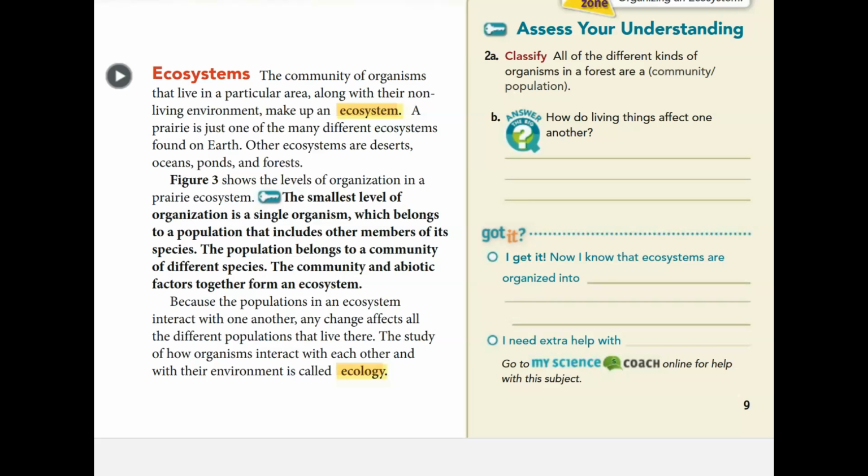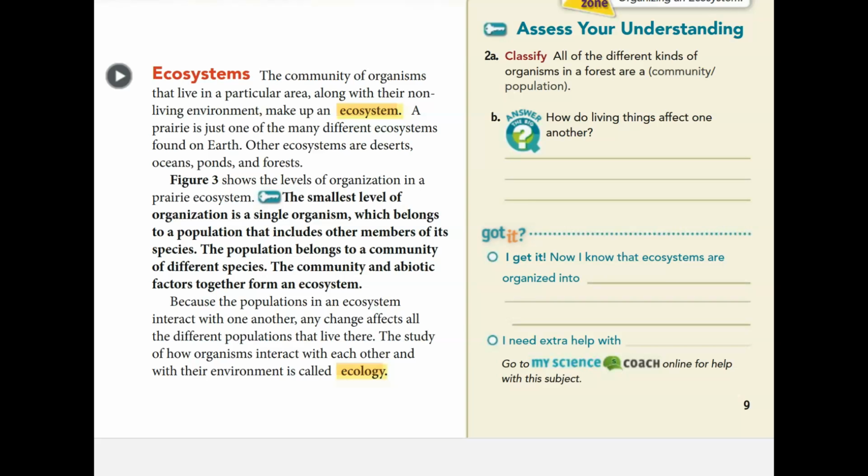Figure 3 shows the levels of organization in a prairie ecosystem. The smallest level of organization is a single organism, which belongs to a population that includes other members of its species. The population belongs to a community of different species.